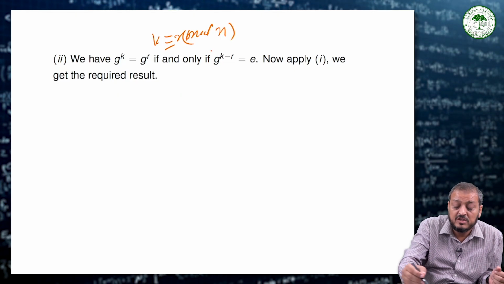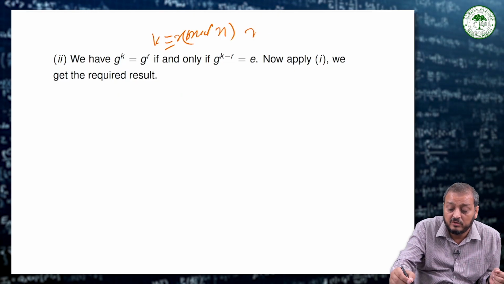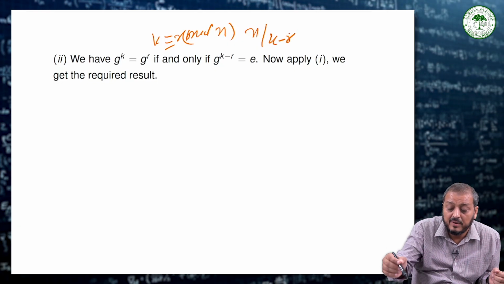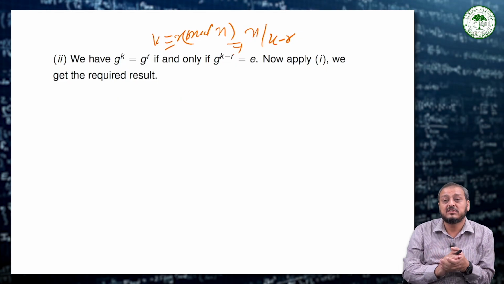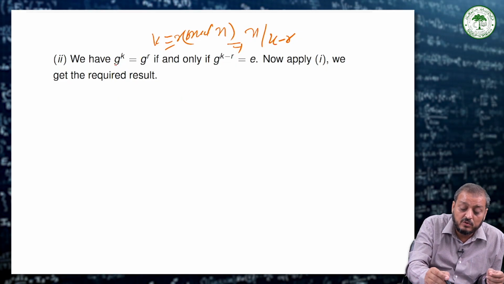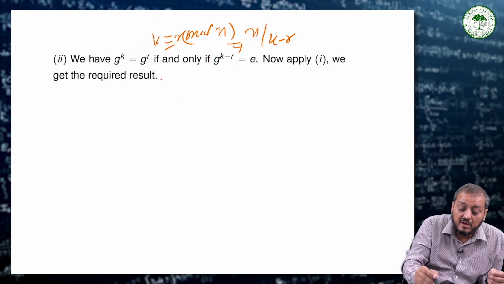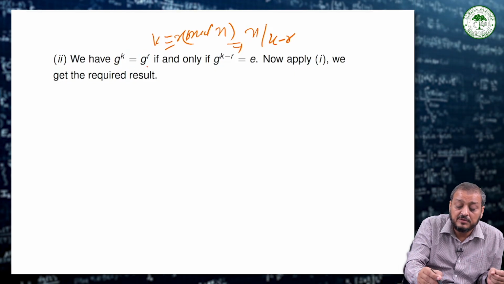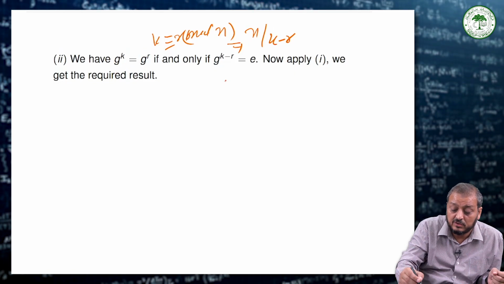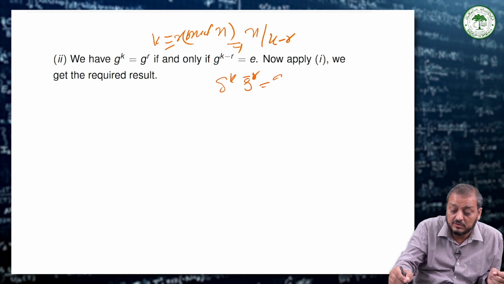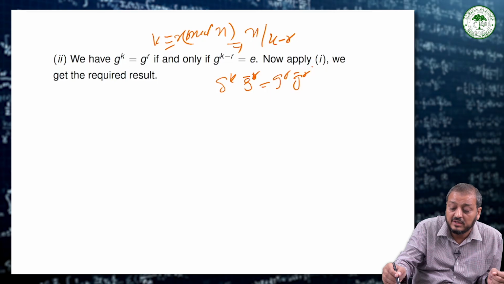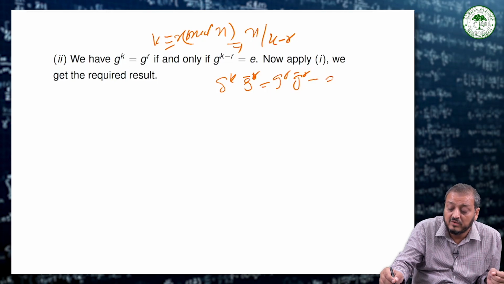So this means clearly n should divide k minus r. So if a^k equals a^r, and these are all elements of G, then we write a^k into a^(minus r) is equal to a^r into a^(minus r), and this is equal to the identity.